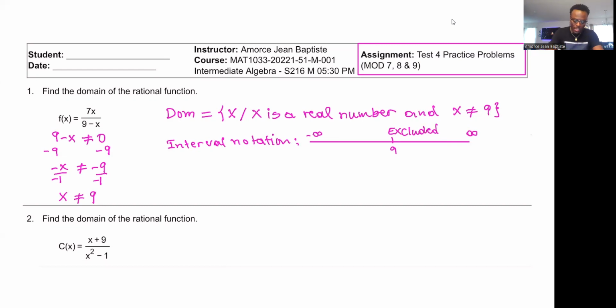So your domain is going to be from negative infinity to 9. Excluded means parenthesis on 9, union from 9 to infinity. So that is your domain.